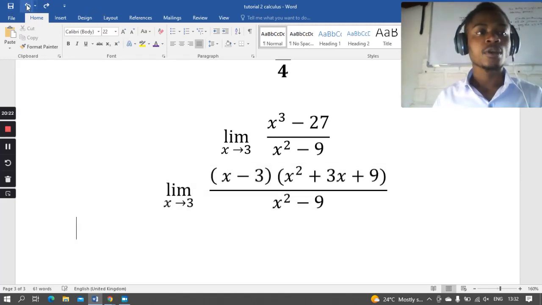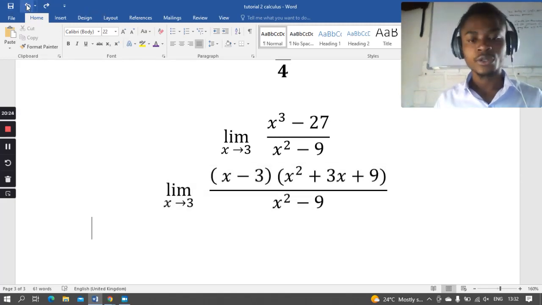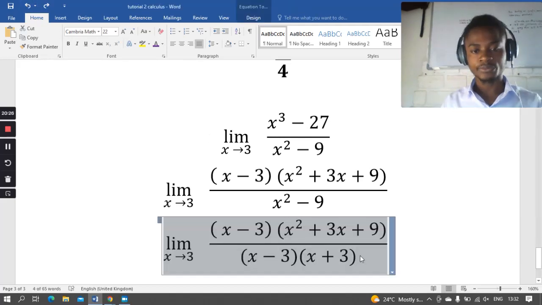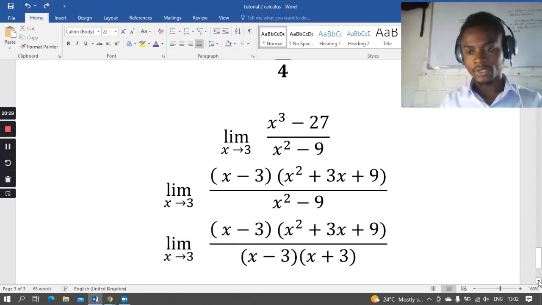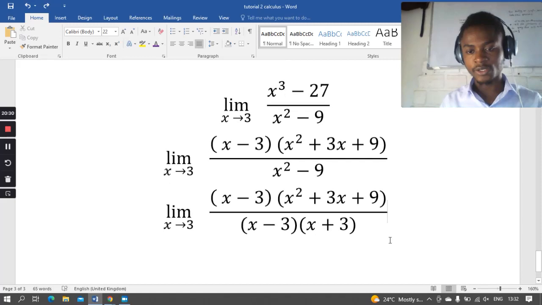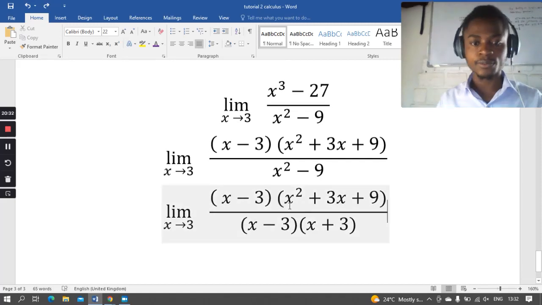If I work that out, this is how it will look: x minus 3 times x squared plus 3x plus 9, over x minus 3 times x plus 3.